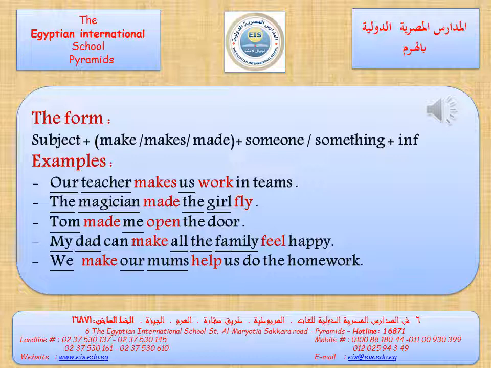Why do our moms help us with the homework? Because we ask them to do that, because we can't do anything in our lives without our moms. So here we are the reason that makes moms help us.